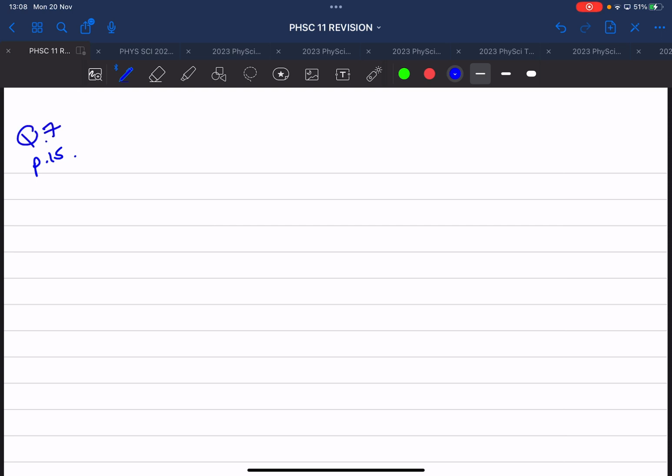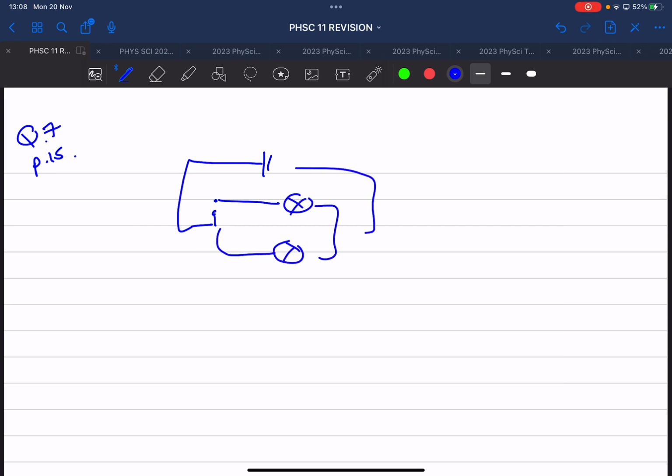Okay, so on page 15, question 7. Okay, sê hulle vir jou daar, jy het 'n sel, dan het jy 'n switch hierso, then you have a light bulb and a light bulb there.